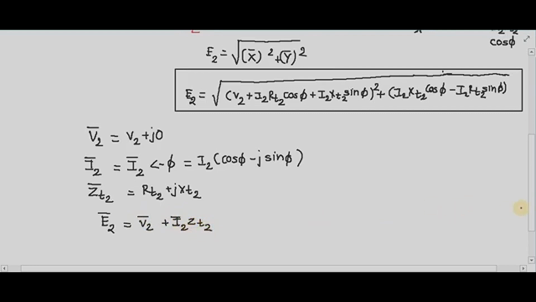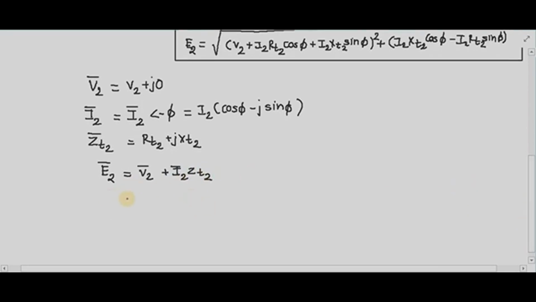Put the values in rectangular form when we are doing addition or subtraction, and in polar form when we are doing multiplication and division. So V2 is V2 plus j0. I2 is I2 into cos of phi minus j sine of phi, into ZT2, which is RT2 plus j XT2.